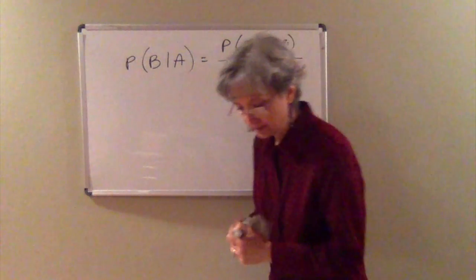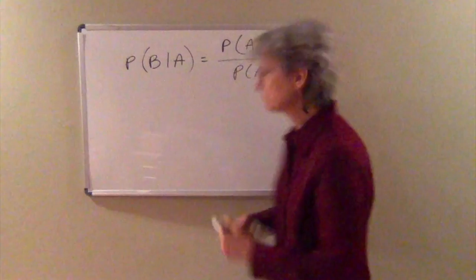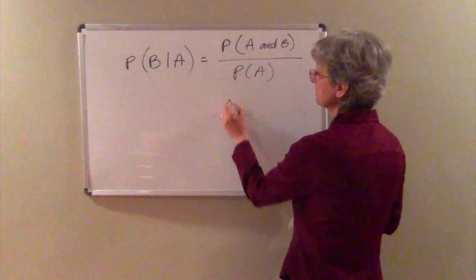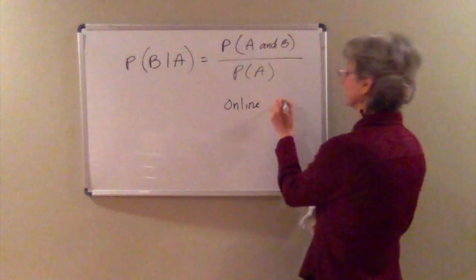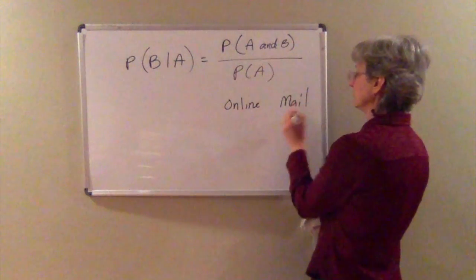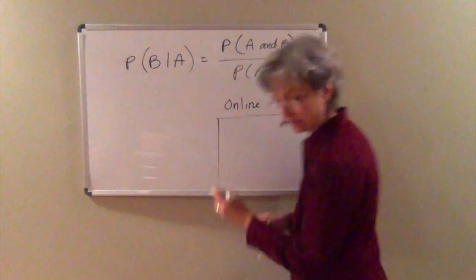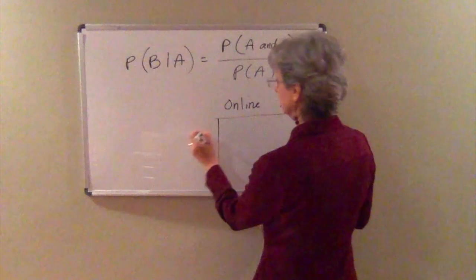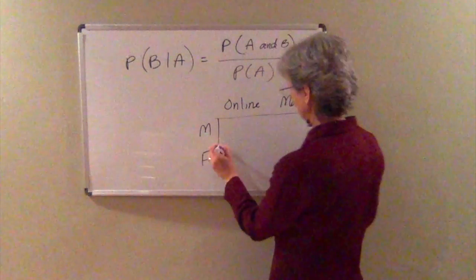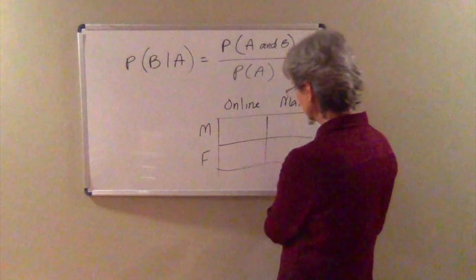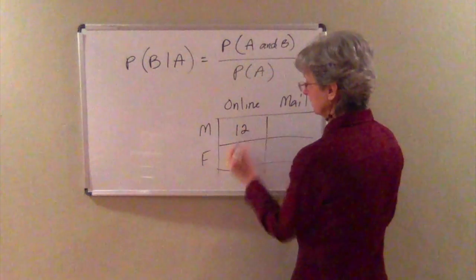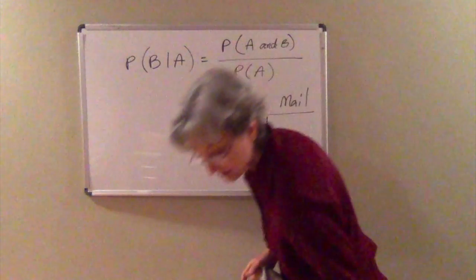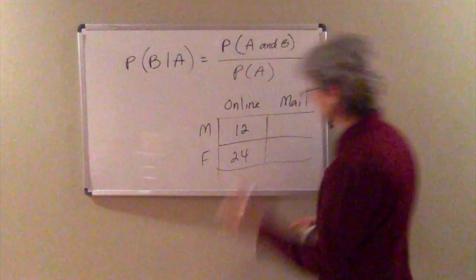Let's look at bills, people who pay bills. Some pay bills online, some pay them by mail. I think each year more and more people are going online than in previous years. But we're looking at men and women. What are the differences? This is 12, 24, and this is 8 and 6.